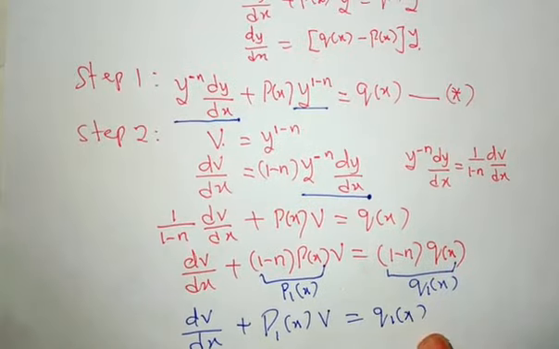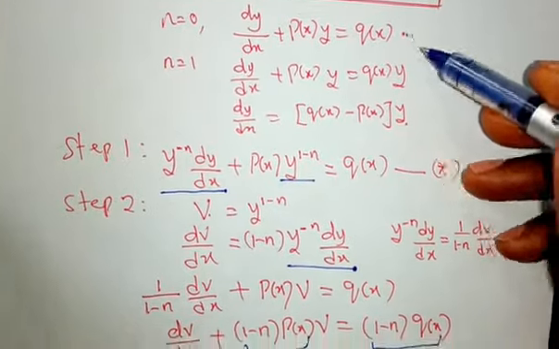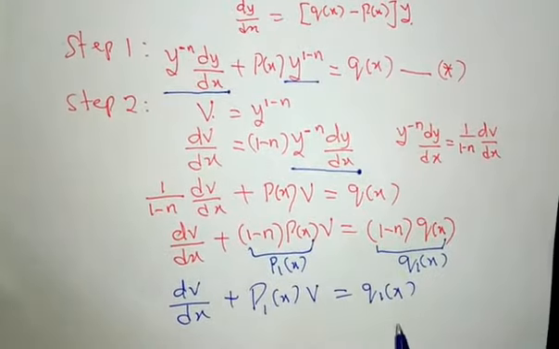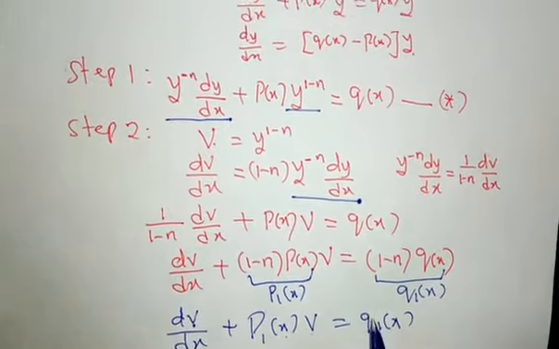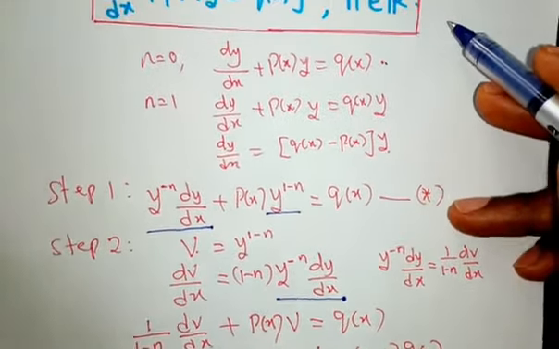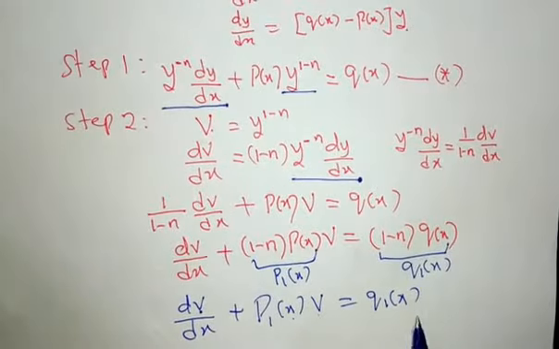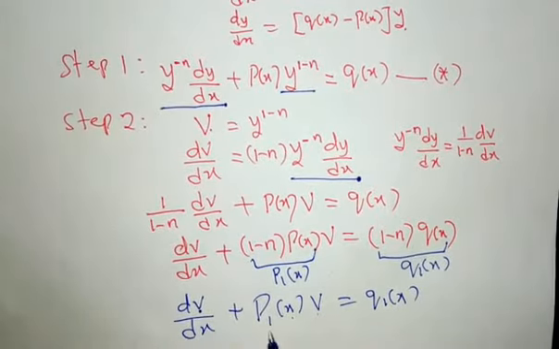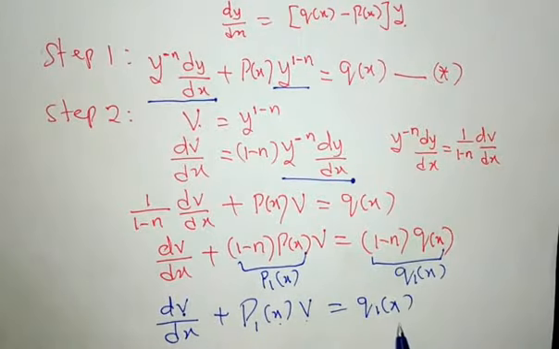So this equation is now in the form of a linear equation, a linear equation in variables v and x. So we have successfully transformed our original Bernoulli equation to a first order linear equation in v and x. So we can go ahead in solving this equation by the method used in the previous video on linear equations.